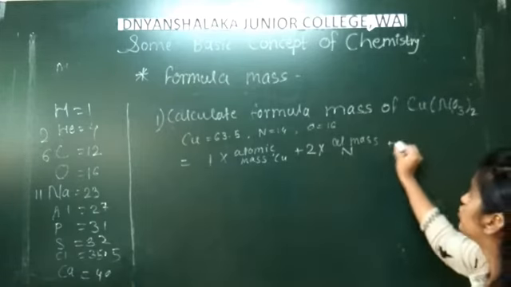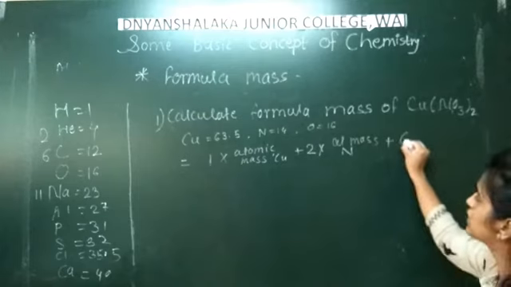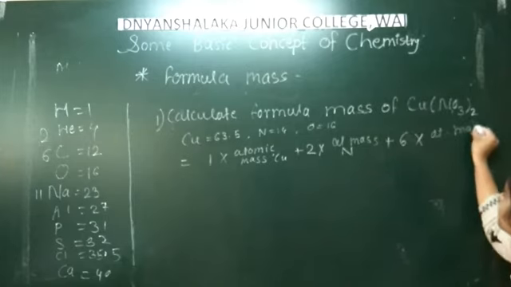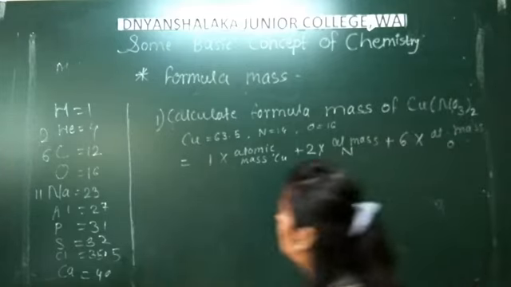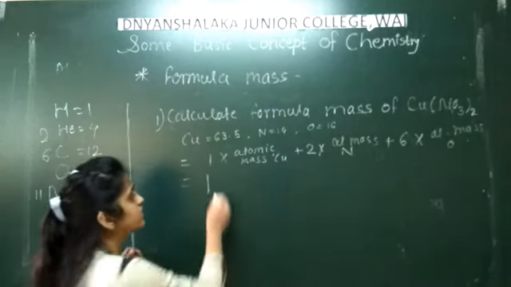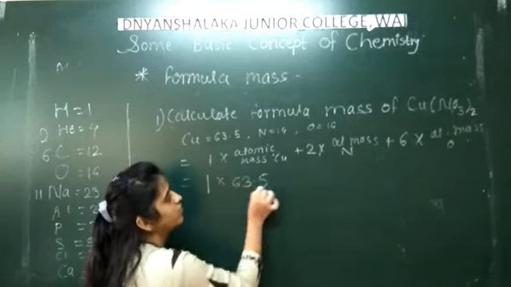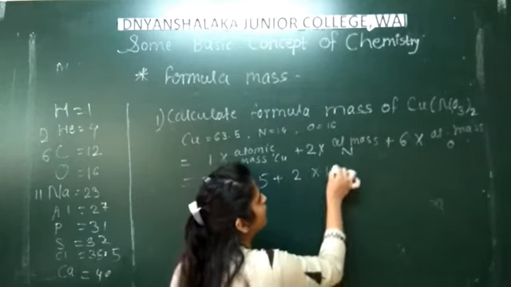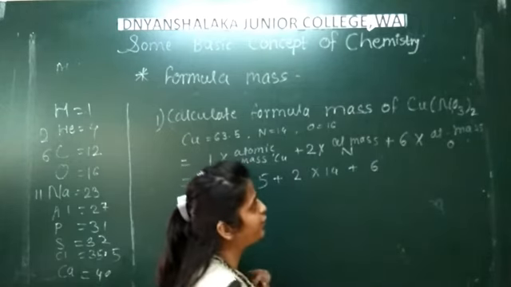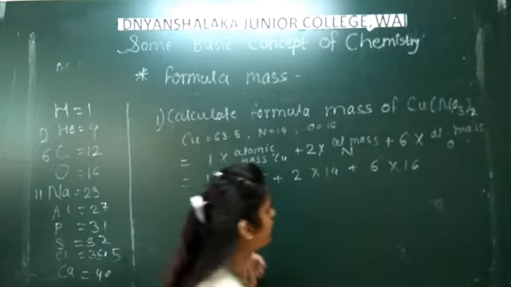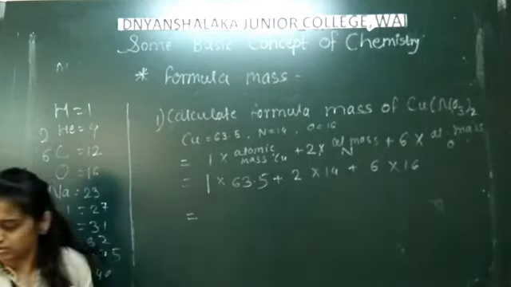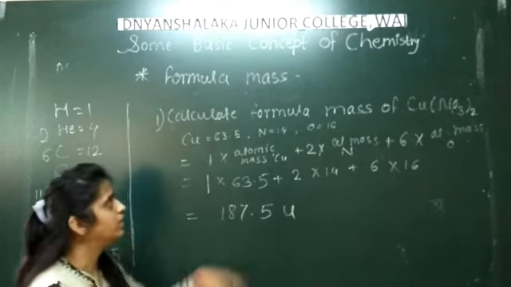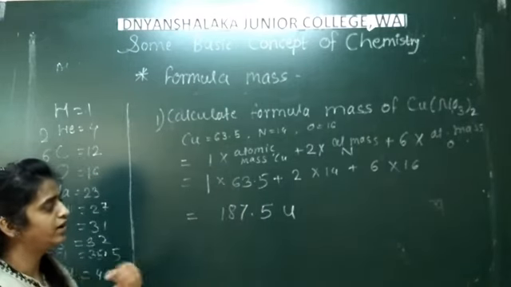So 3 2s are 6. So total moles of oxygen is 6, 6 moles of oxygen into atomic mass of oxygen. So 1 into atomic mass of copper 63.5 plus 2 into atomic mass of nitrogen 14 plus 6 into atomic mass of oxygen 16. So calculating, we get the answer 187.5 u. This is the formula mass of Cu(NO3)2.